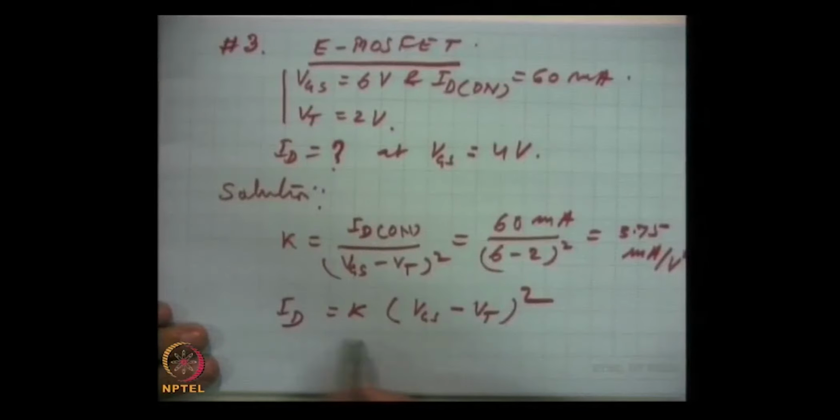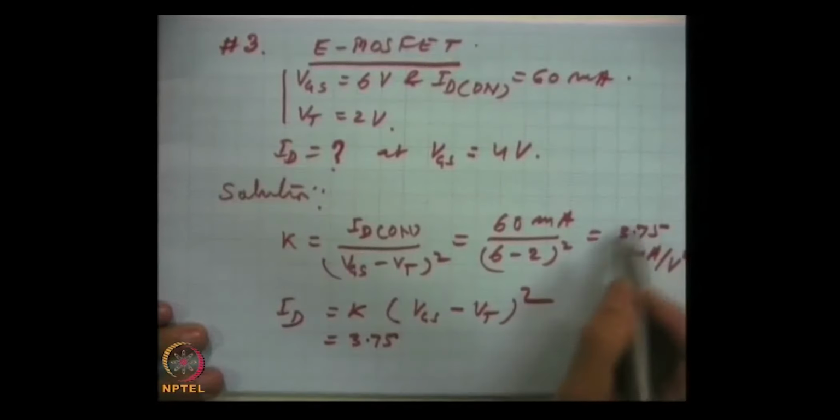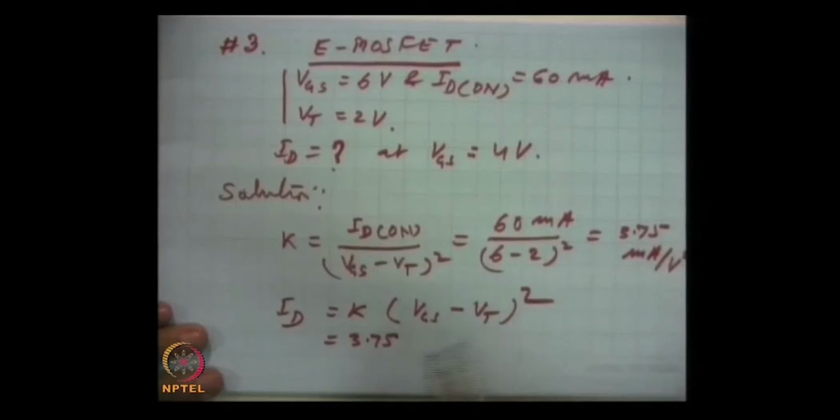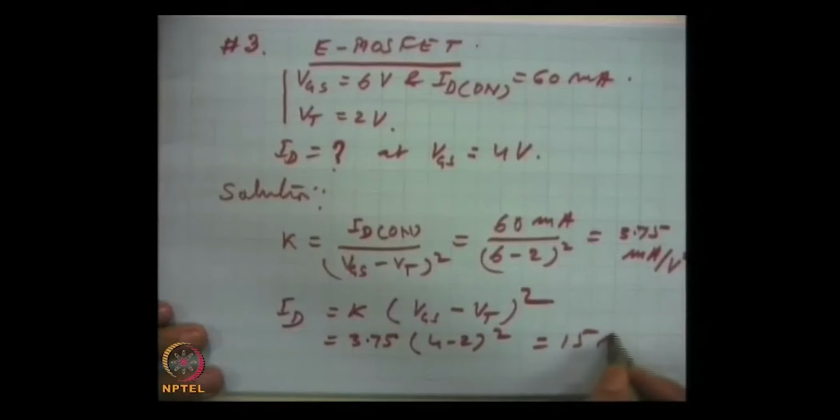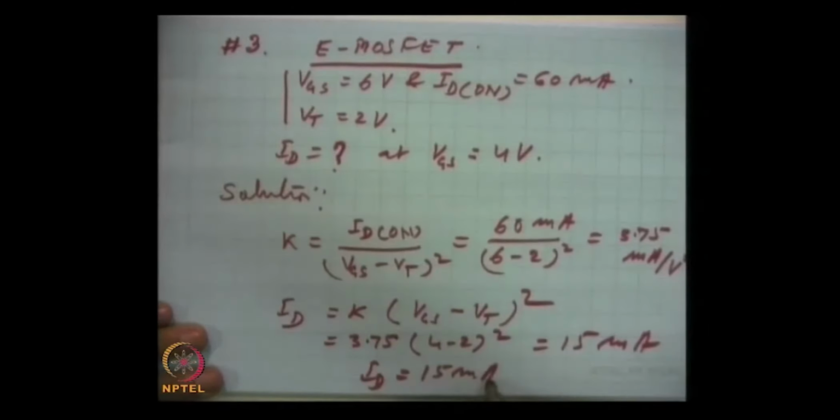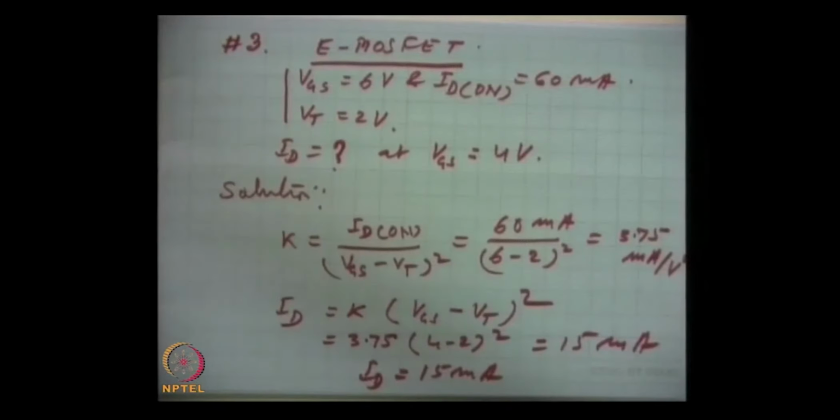When we substitute the values, this is 3.75 in milliamperes, mind it, we are putting in milliamperes, and VGS 4 volts, VT 2 volts, squared, then this comes out to be 15 milliampere. So, ID is equal to 15 milliampere. This is what we were supposed to determine.